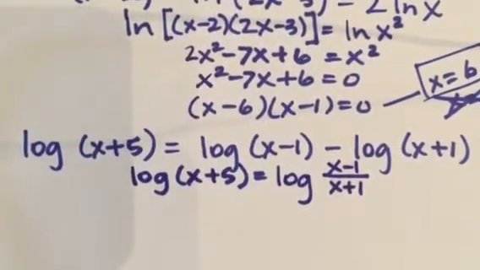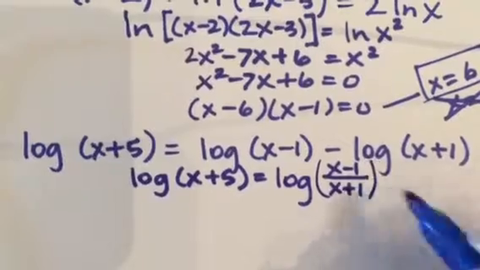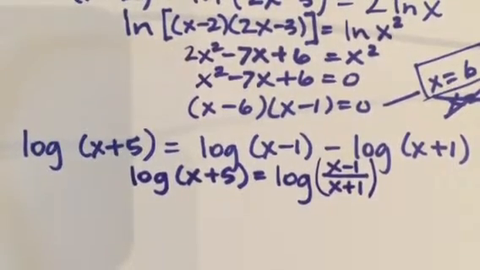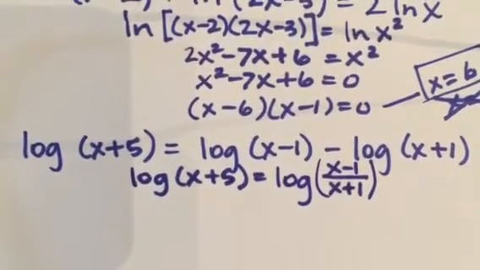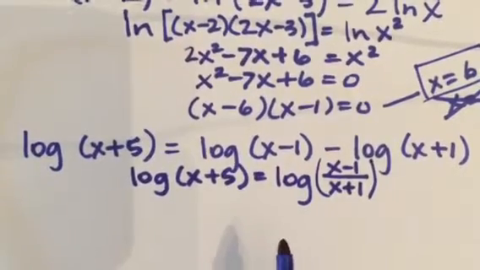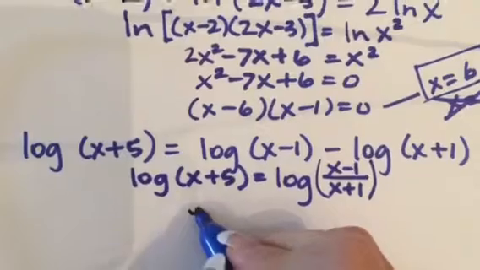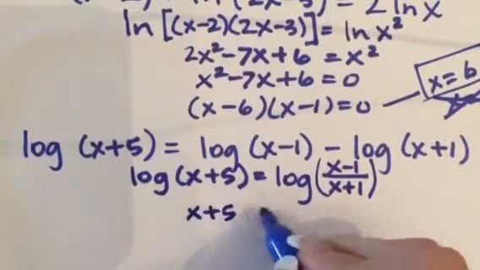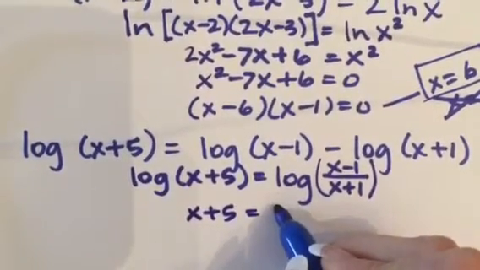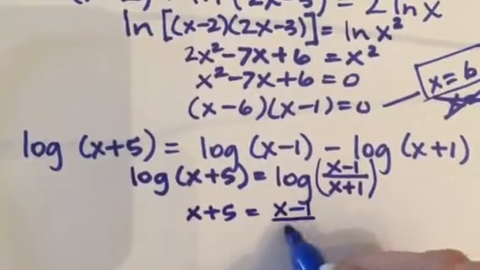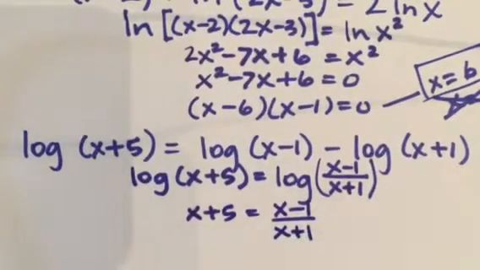Okay, now I have two logarithms of the same base. Means I can go ahead and drop the logs and equate the arguments. So x plus 5 is equal to x minus 1 over x plus 1.